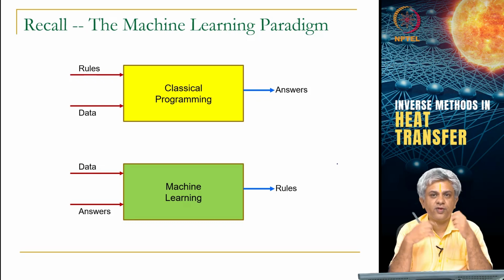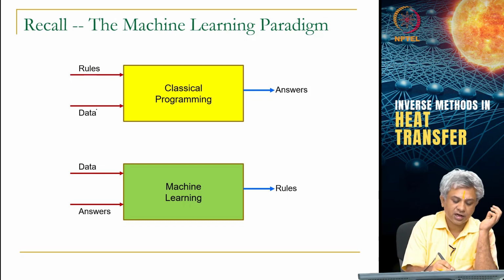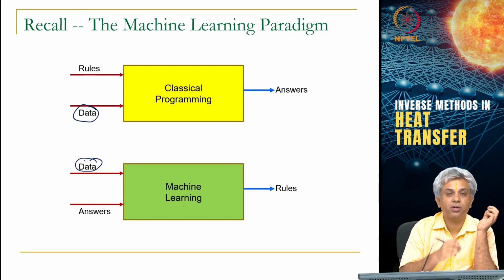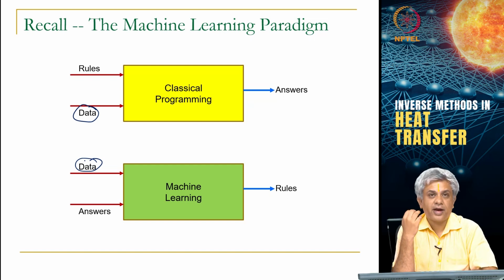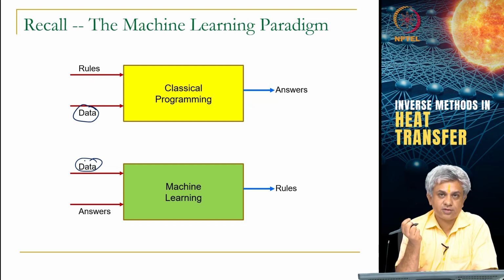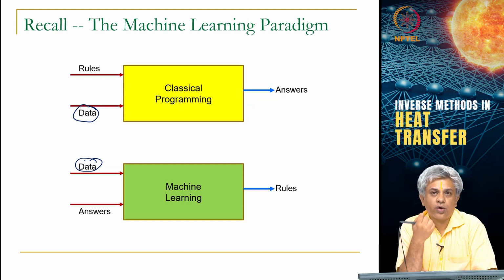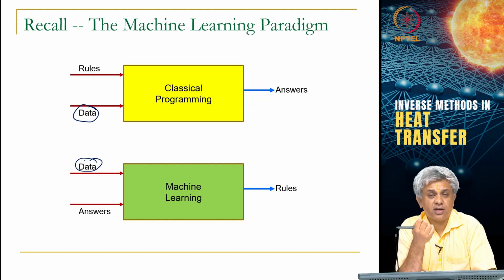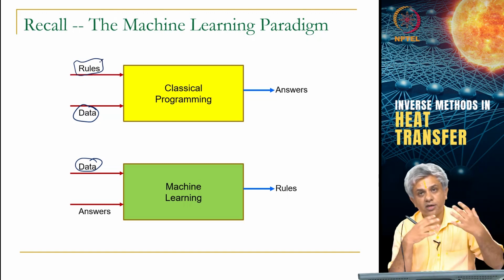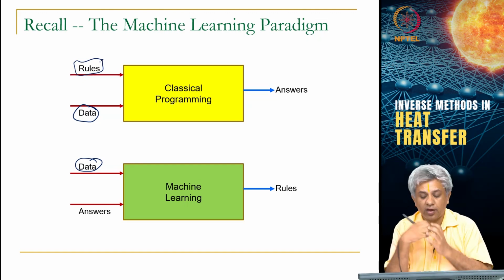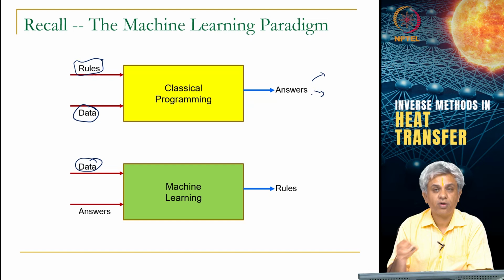Now, once we accept the fact that the data the machine takes is always numbers, remember that in the previous video I had talked about the machine learning paradigm. I had said that in classical programs, in case you want to say, given an image, find out whether this is laminar flow or turbulent flow, you will have to give some rules. If the numbers in the input combine this way, say laminar, otherwise say turbulent.